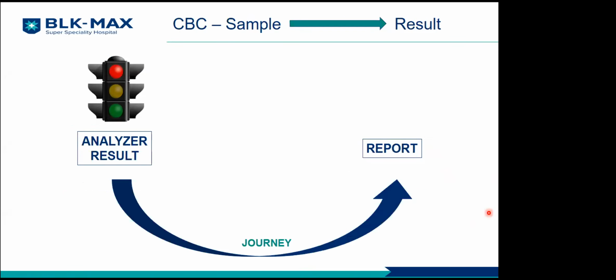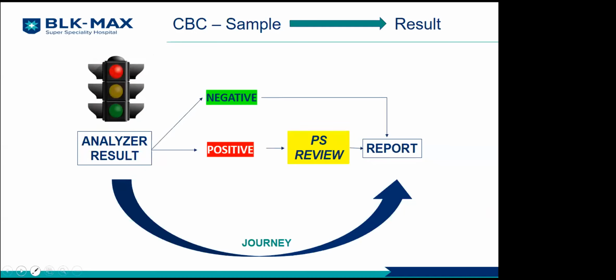Let's look at the complete blood count as a test, and how the sample finally reaches a result. This is what we need to look at. We got it from the analyzer. And as you can see, this traffic light is basically deciding whether you want to release the results or not release the results, depending upon various flags which come up in these analyzers. And thus, if there is no flagging, or it's what's called a flag negative result, you would allow it to go to the reporting system.